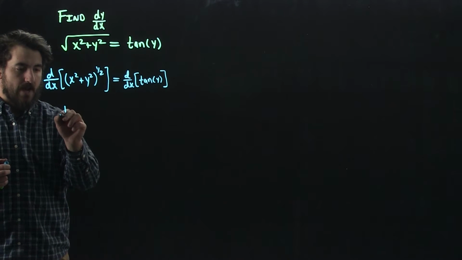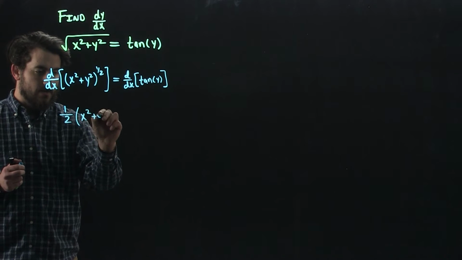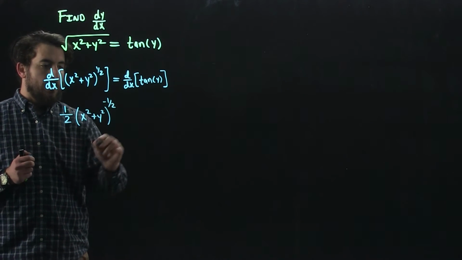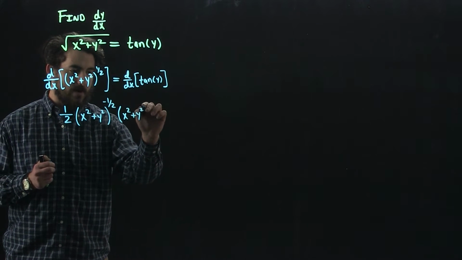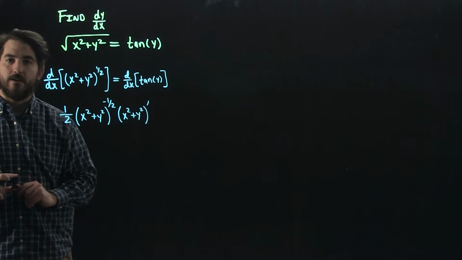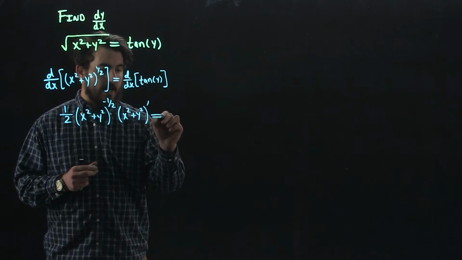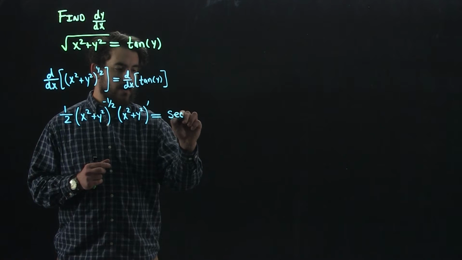So bringing the 1/2 to the front, rewriting the stuff inside, and then to the negative 1/2 power, times (x squared plus y squared) prime. And I'm just going to use this prime notation to remind me later I need to take the derivative of this. To the right-hand side, the derivative of tangent is secant squared.